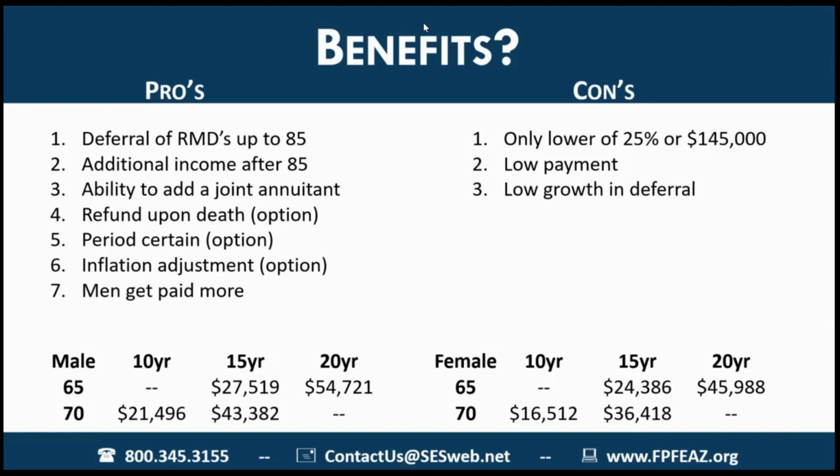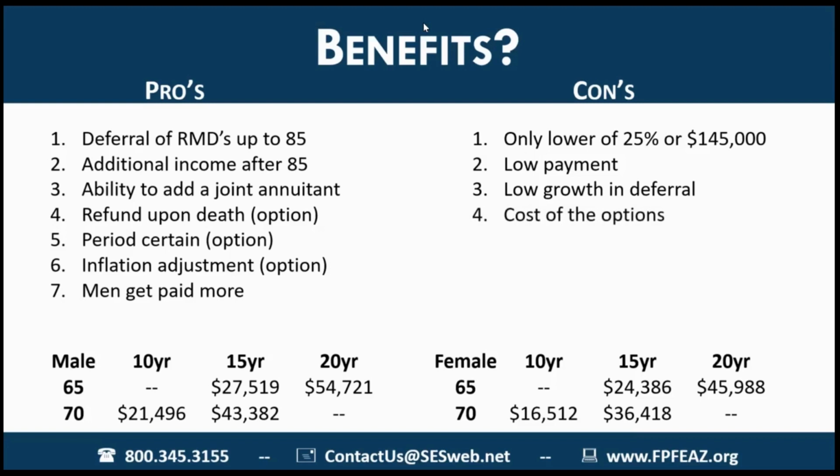You might get a little bit of CD type growth in there, but the reality is we're not doing this for the growth. Okay, it's really because one, you want a little backup plan in case you live for a long time past 85, and two, you want to not have that extra chunk of money for required minimum distributions. If we're really looking to grow this money for our heirs, this probably is not the right place for you.